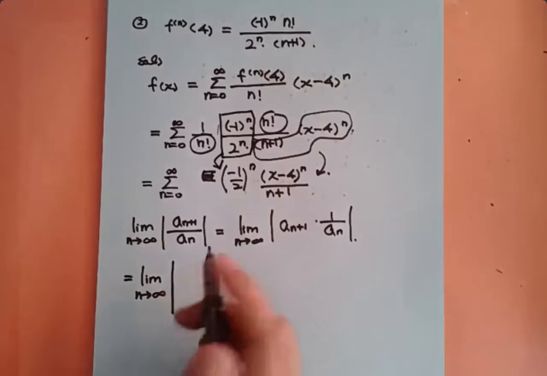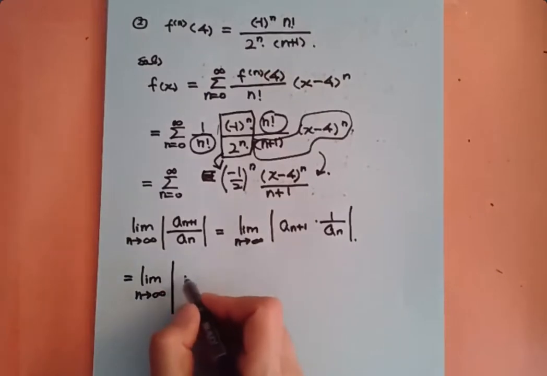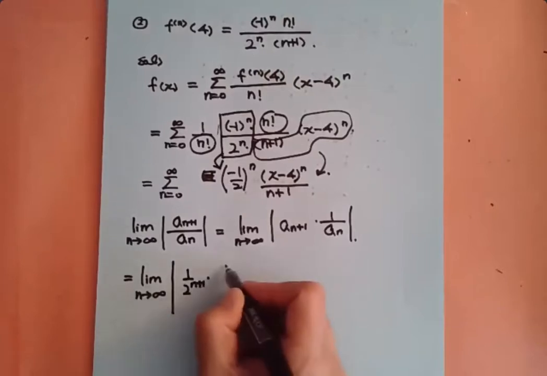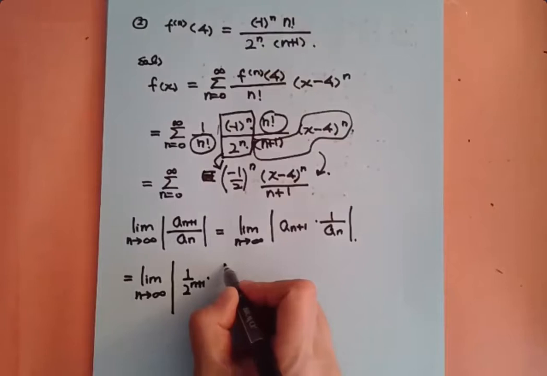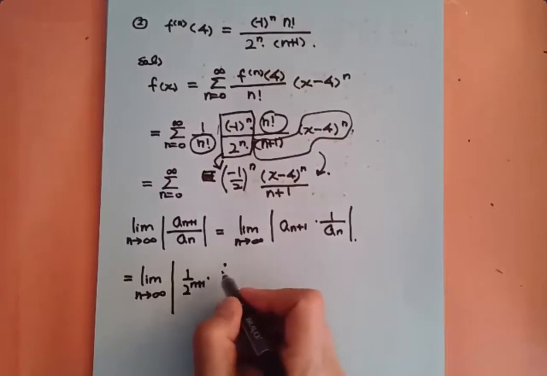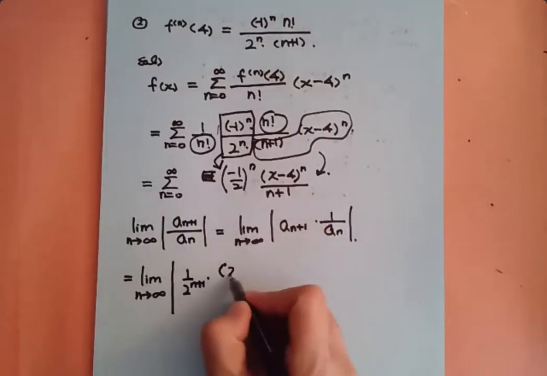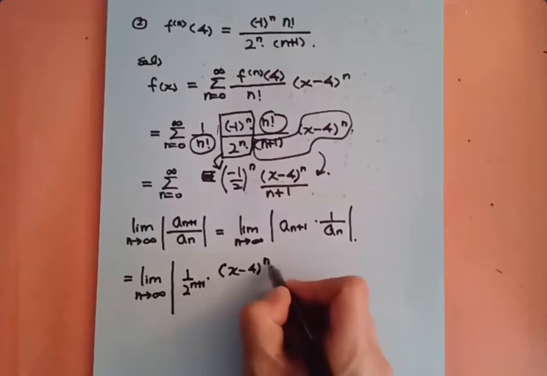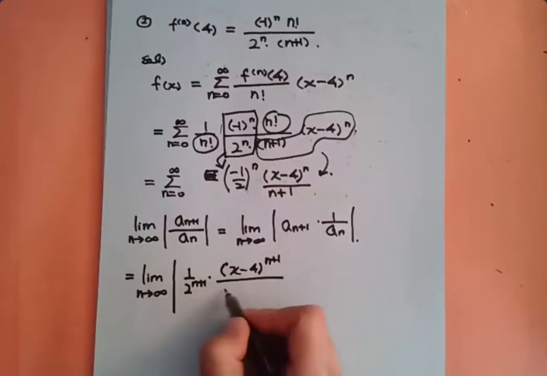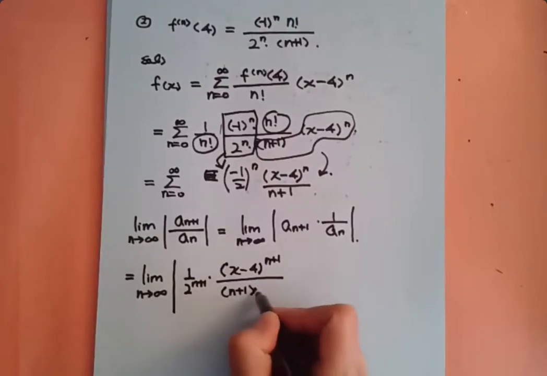And so I would write down 1 over 2 to the n plus 1 power times x minus 4 to the n plus 1 power over n plus 1 plus 1.